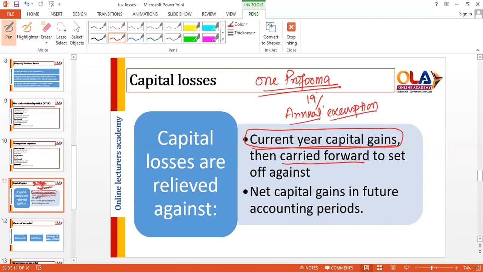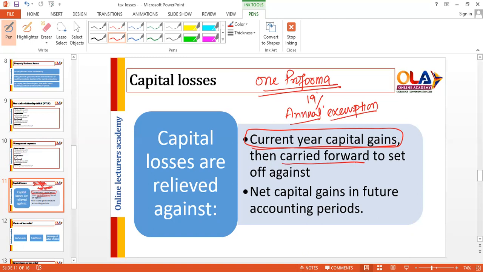But for individual, annual exemption is also available, and individual income tax pro forma and capital gain tax pro forma is different, right? And also know that in case of company, there are few differences in capital gain tax as compared to the normal individual treatment.